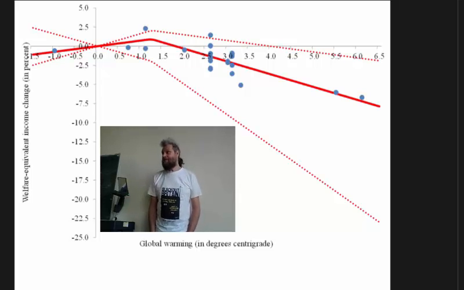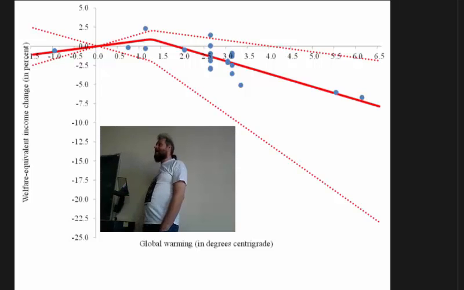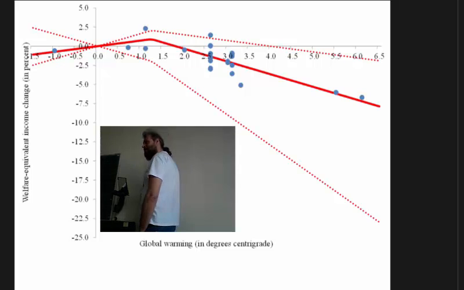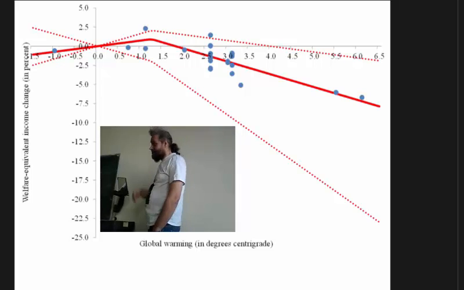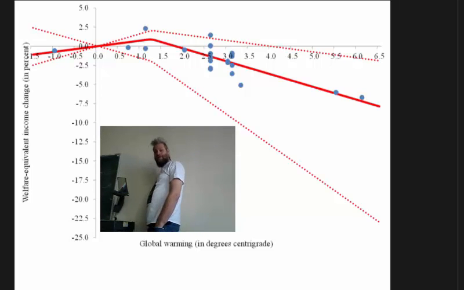So these initial benefits that we see are essentially sunk benefits. Regardless of what we do with our emissions, this climate change will happen, and therefore it should not affect our decisions. Now, to see if this curve is correct is that from 1.2 degrees warming onwards, things are turning down.